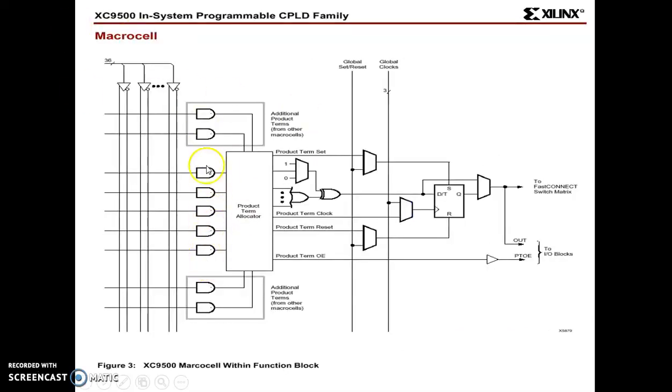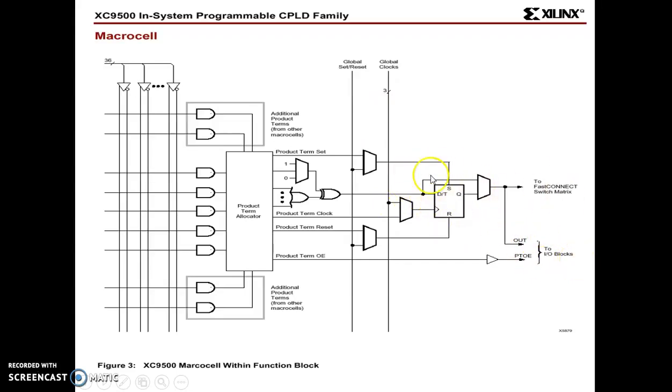Here you can see 5 direct product terms from the AND array are available for use as primary data inputs to implement a combinational function, or as control inputs including clock, clock enable, set reset and output enable.